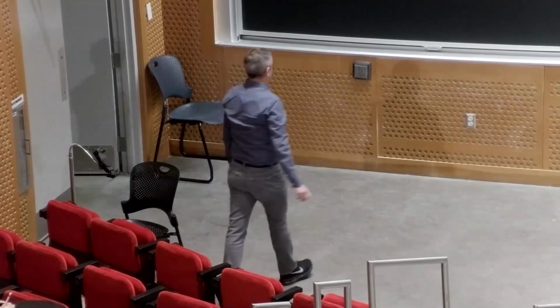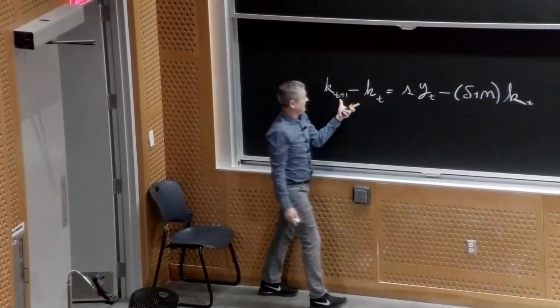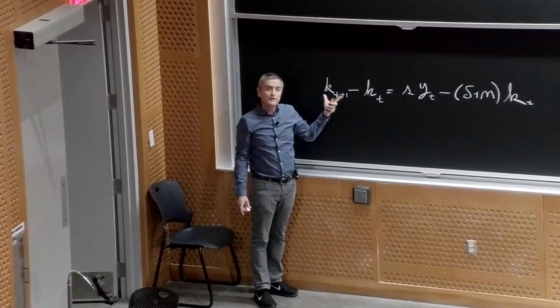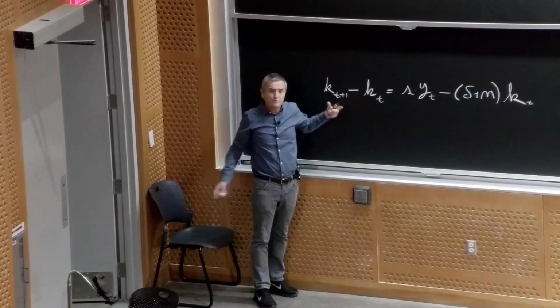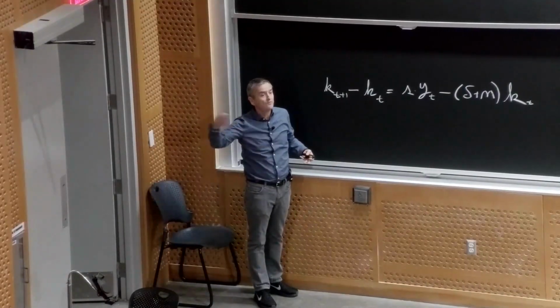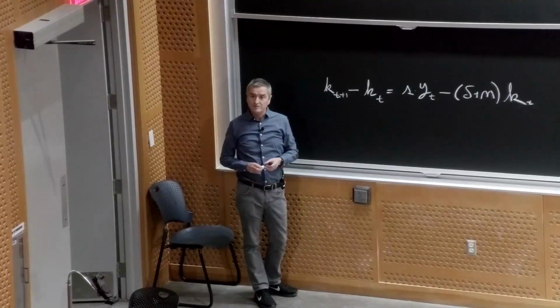No. The reason I had the GA there is because I was looking at the change in capital per effective worker. I'm looking now at the change in capital per worker, not per effective worker. So I don't have that A in the denominator, and I don't need to account for the rate of growth of the denominator due to an increase in technology.